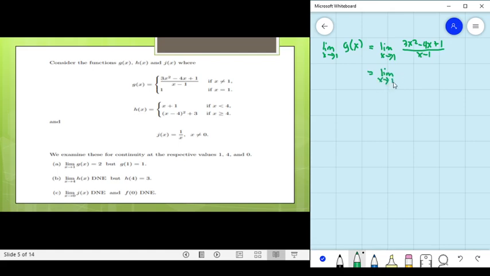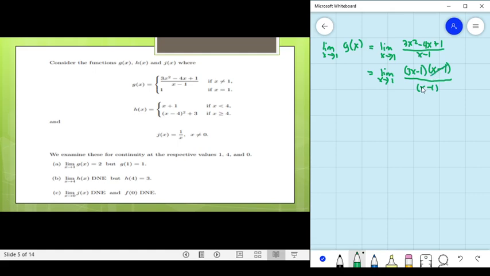Factoring the numerator, we have 3x and x for 3x squared, and 1 can be factored as negative 1 and negative 1, all over x minus 1.